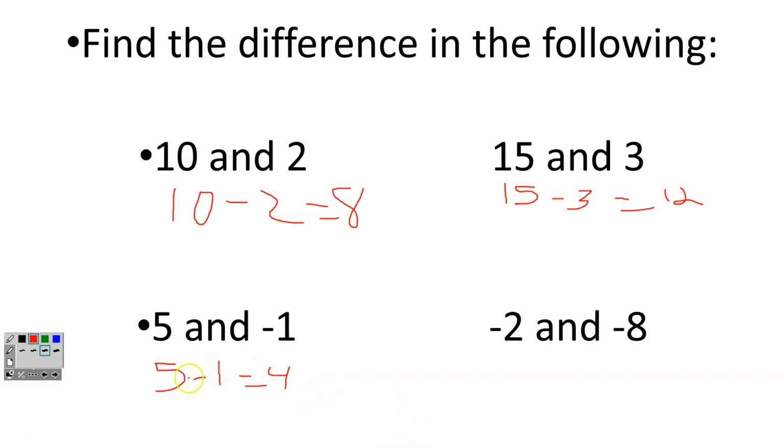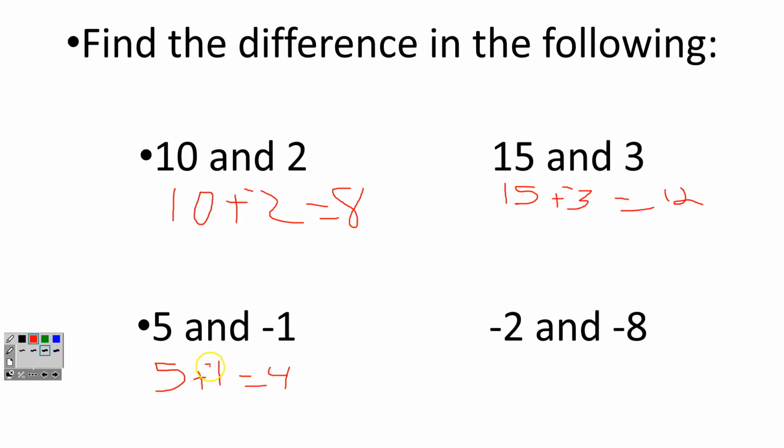But there's a problem. Difference does mean subtract, but this is a negative one, so we're actually going to be subtracting a negative. Now, hopefully at this point you're comfortable with using that superpower because you should have done it up here and should have done it up here too. So in this case, I have to use my superpower. My consequence is I need to take the opposite of what follows.